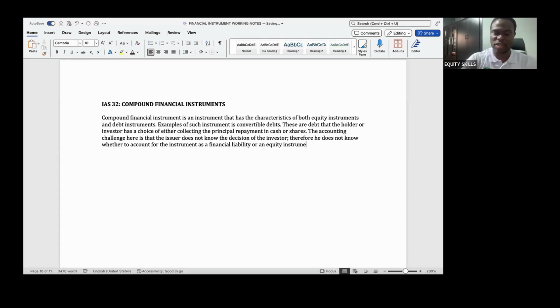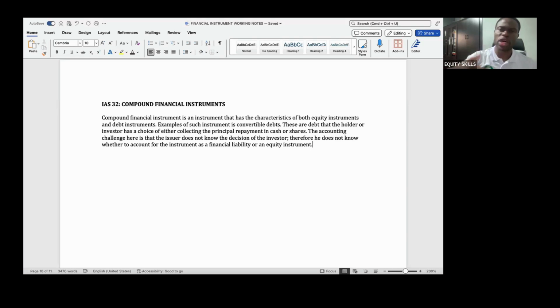Because based on what I've taught you on presentation of financial instruments, if the issuer knows that he's going to be settling with shares by issuing a fixed amount of ordinary shares, then even though this is a debt, even though he has borrowed money, we are going to treat it as equity because we are going to issue shares to settle it.